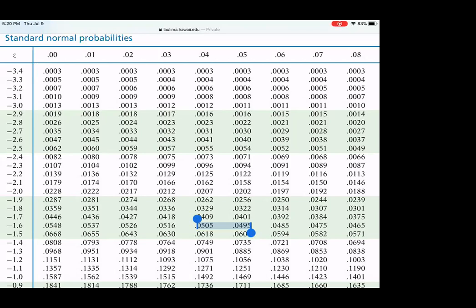Yeah, because remember that first column and first row correspond to parts of z-scores, not probabilities. The main body of this table are probabilities, not z-scores. And so if you're looking for a probability, you have to be sure you're looking in the right section. Z-scores are not probabilities, they are distances.